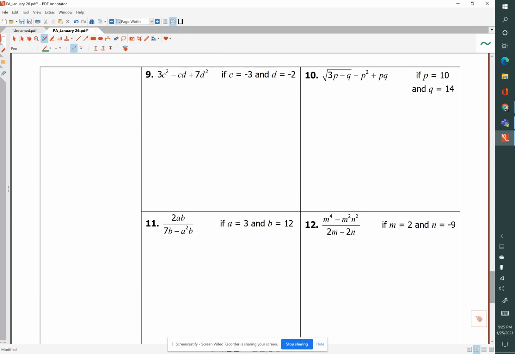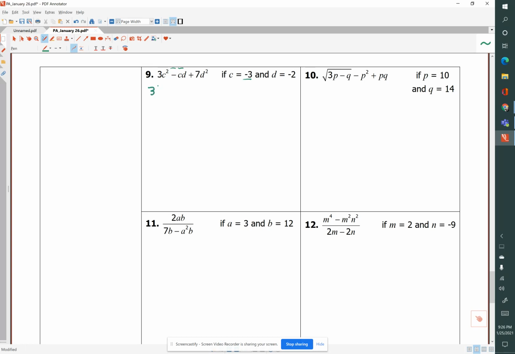Okay, so number 9, we have two substitutions, 3c to the second power minus c times d, where c equals negative 3 and d equals negative 2, plus 7 times d to the second power. We're going to subtract a negative here. We have to be mindful of that. So this problem is all about very careful substitution.